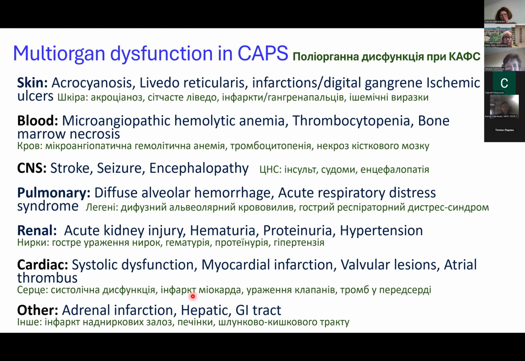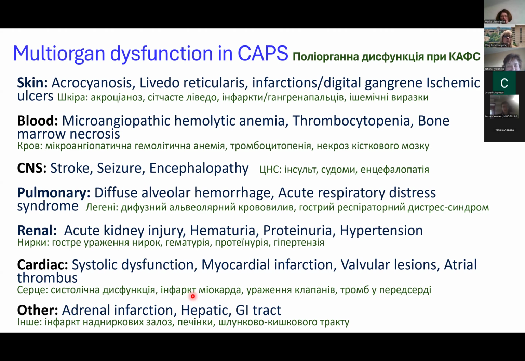You can infarct your adrenal glands and then have adrenal crisis. You can infarct your kidney, your liver. You can infarct your bowel and get bowel ischemia. So, the many manifestations. I would say CAPS looks a lot like severe sepsis.